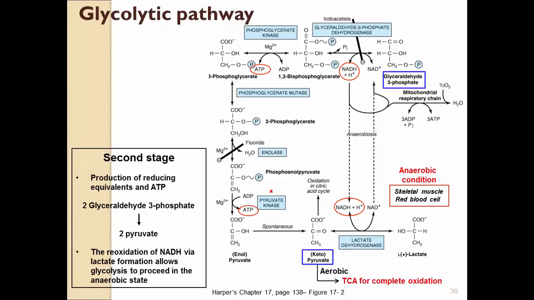And the second stage is the ATP producing process. That means in the second stage, ATP is produced, right? So you try to get to know where ATP is produced, in which reactions. So the first ATP is generated from this reaction, and this is called substrate level phosphorylation, right?